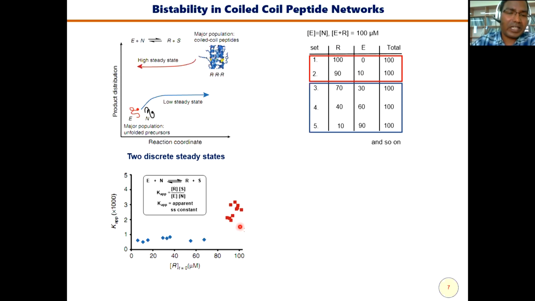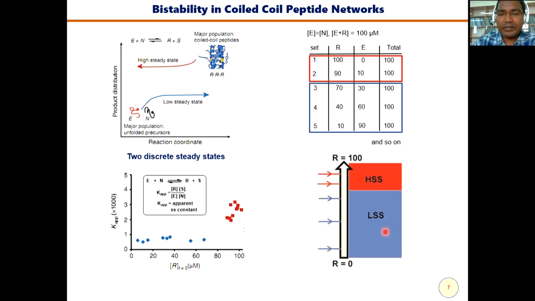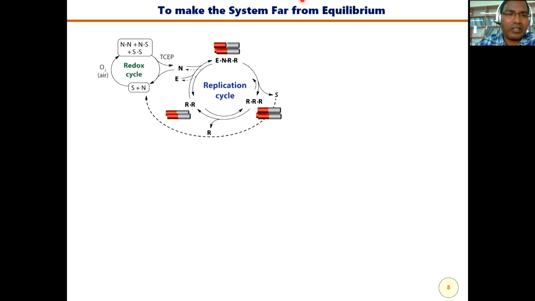If we start the reaction with only R or a smaller amount of electrophile and nucleophile, it gives the high steady state, and high steady state means a high value of the rate. From this figure, we can say that if we start the reaction from 0 up to below 90, it gives the low steady state. In the other case, from 90 to 100, it gives the high steady state.